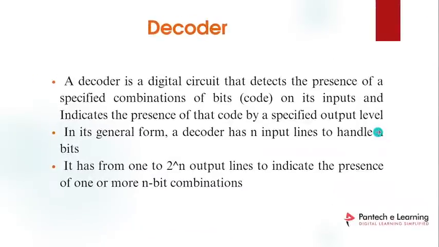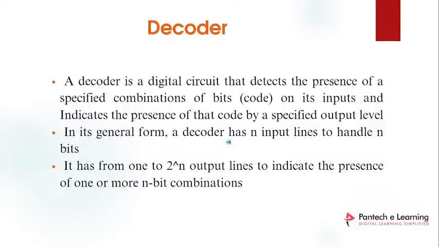And then coming to the decoder. Decoder is a process of identifying the presence of a specified combination of bits. Like if you build a circuit, it performs only for whatever binary code it has.